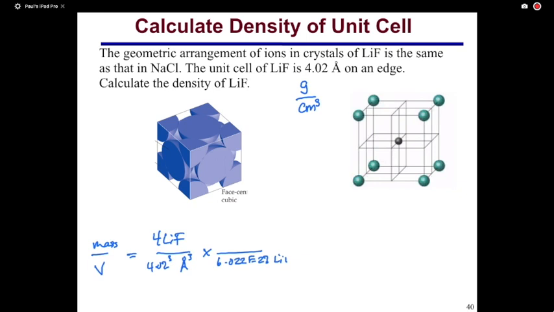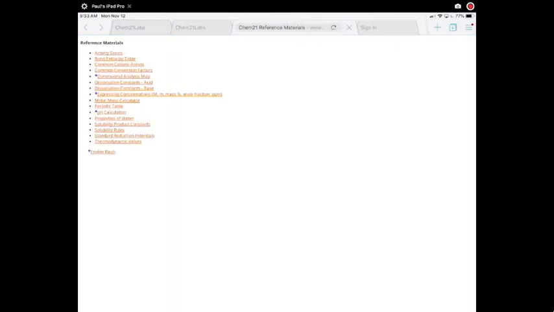Now, why in the world do I want to get to mole? Because I have to change the top into what? Grams. And do you have a conversion factor that goes from moles to grams of lithium fluoride? 1 mole weighs what? The molar mass.